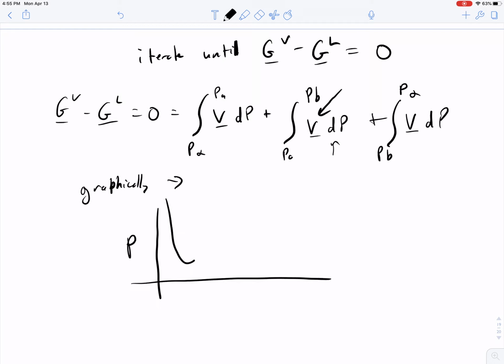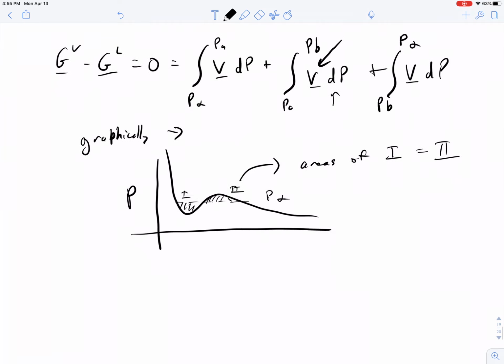We have this line with this squiggle. Ultimately, graphically, this means you find a P alpha such that the areas 1 and 2, the areas of 1 equals 2.